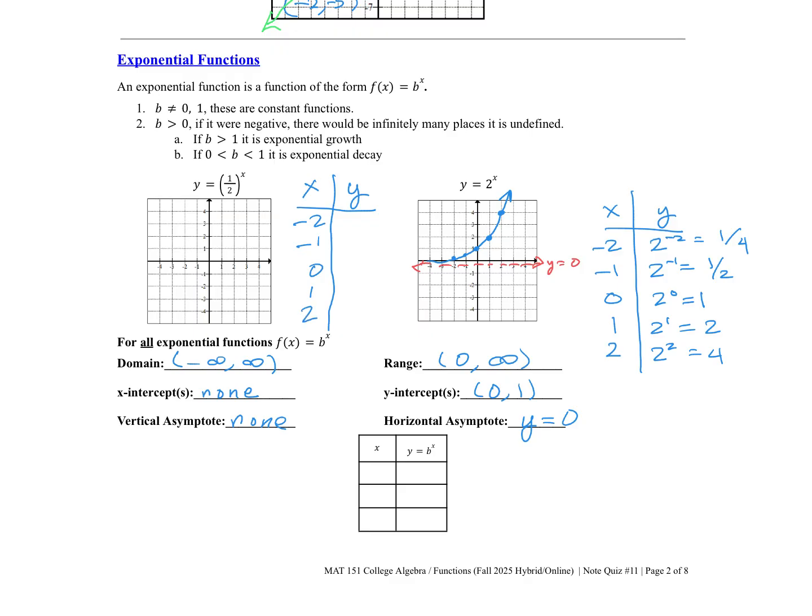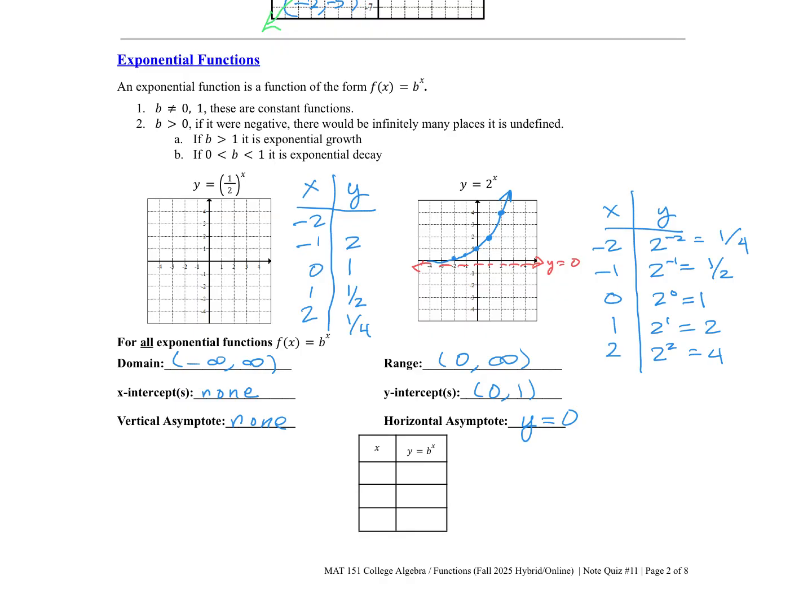So the 0 power again on anything that's not 0 is 1. If you take a 1/2 and raise it to the first power, it's just itself. And then if you take a 1/2 and you square it, it's a 1/4. And then going backwards, if you take a 1/2 and take its reciprocal, you get a 2.